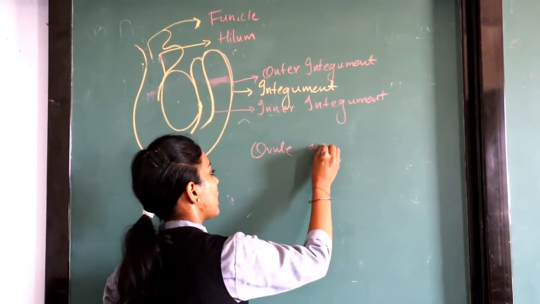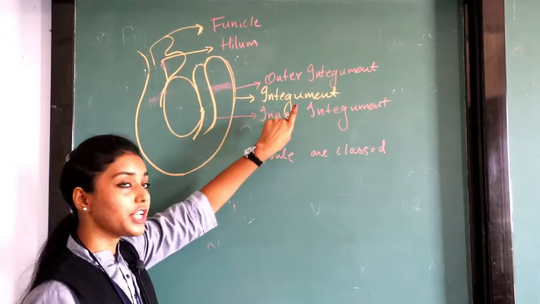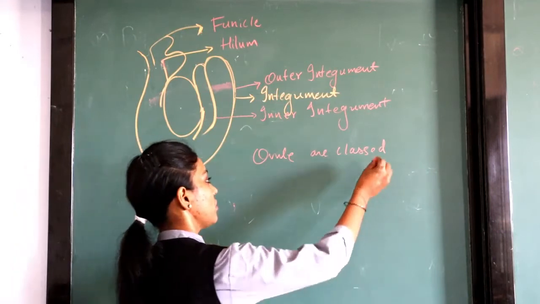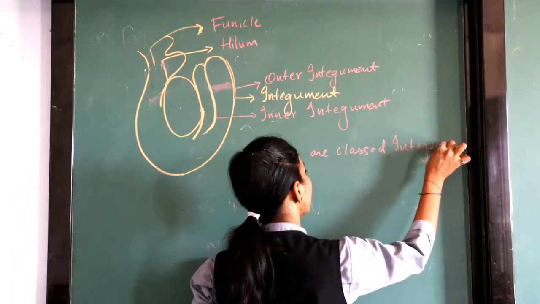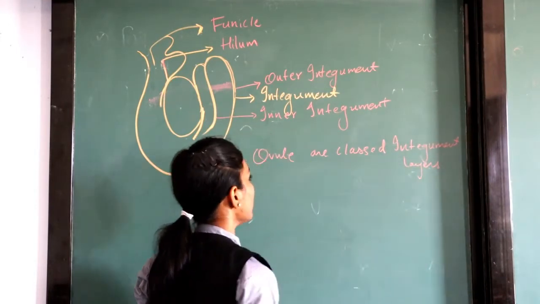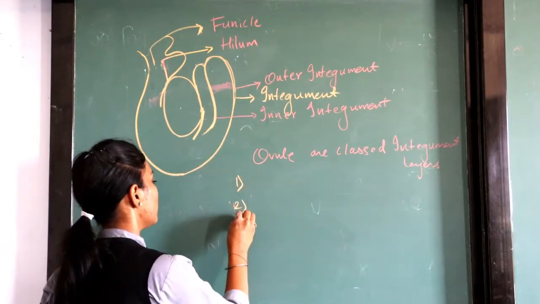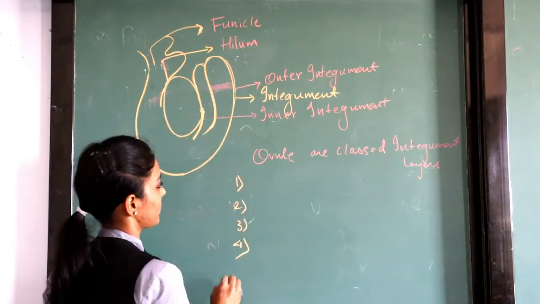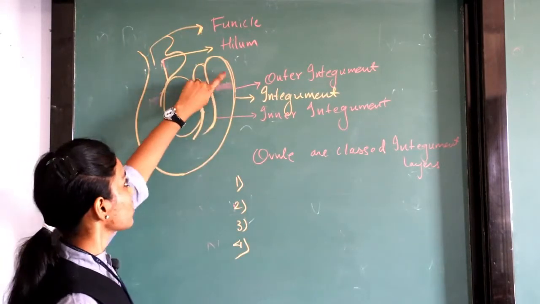Ovules are classified based on integument layers. Integuments are the covering which covers the ovules.